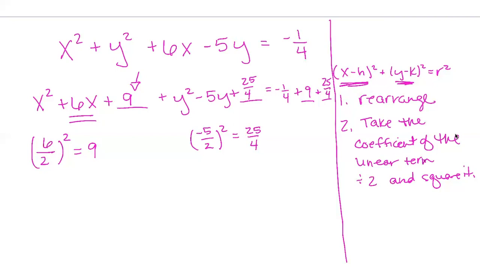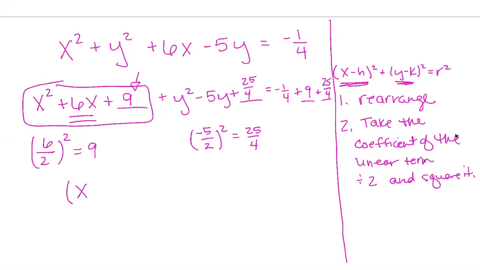Now, if we look at these first 3 pieces, we have to think, okay, that factors. By what we're doing, we made a perfect square binomial. So it factors to x plus 3 times x plus 3.